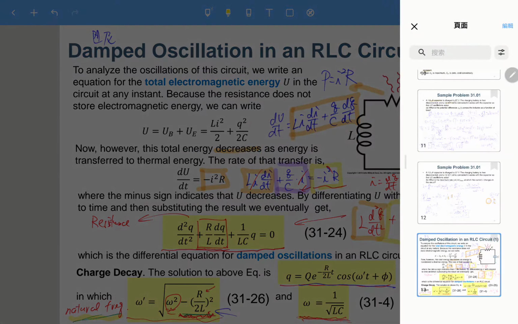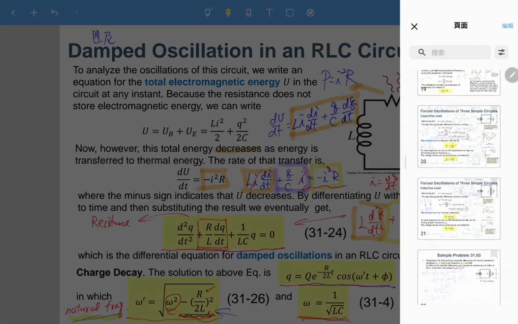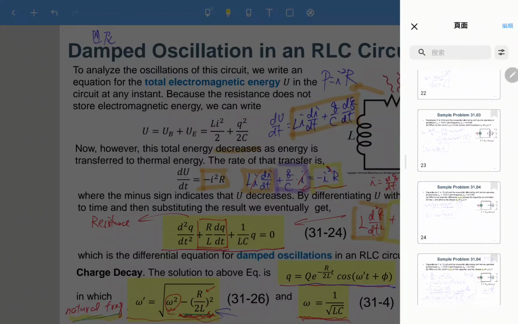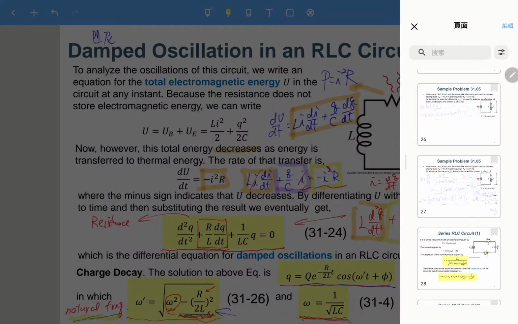But here we consider we have an RLC circuit in series with a sinusoidal source.